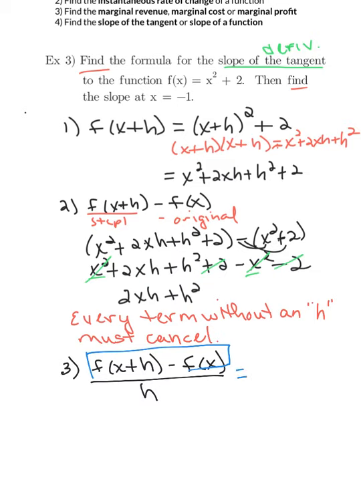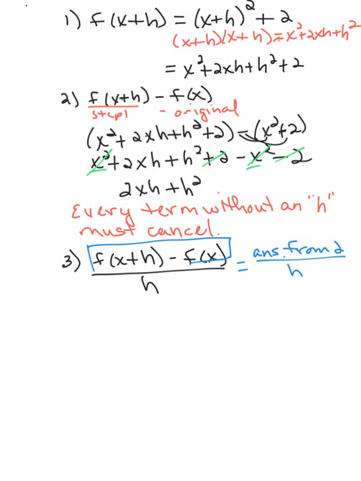So what we really need to do is put the answer from step 2 over h. If I do that for this problem, I will have 2xh plus h squared over h.